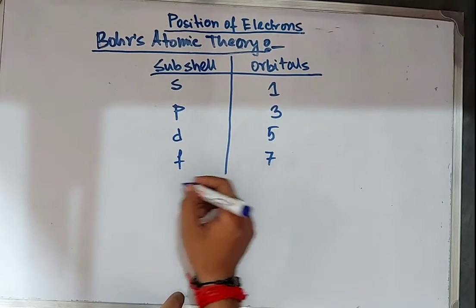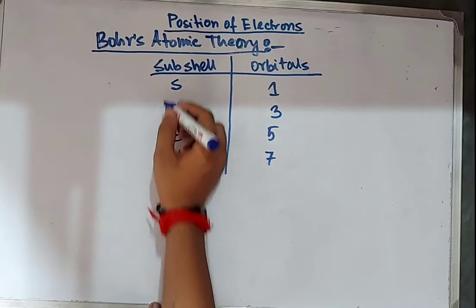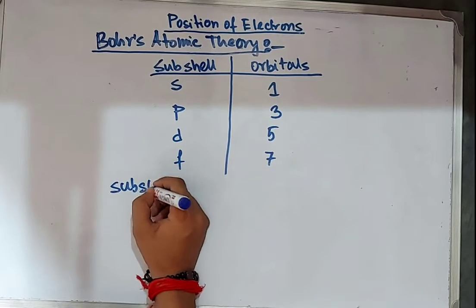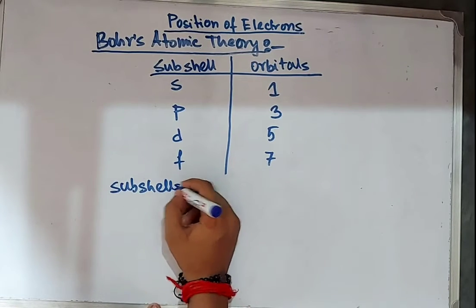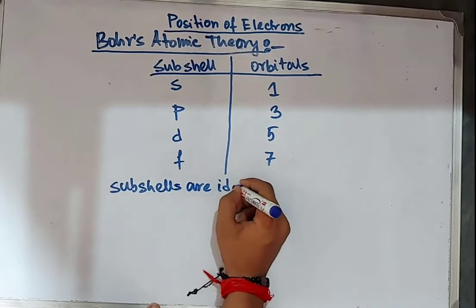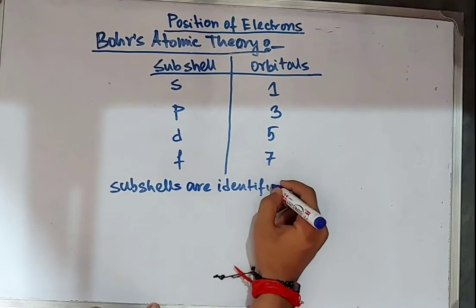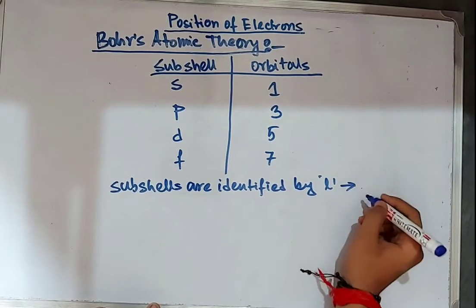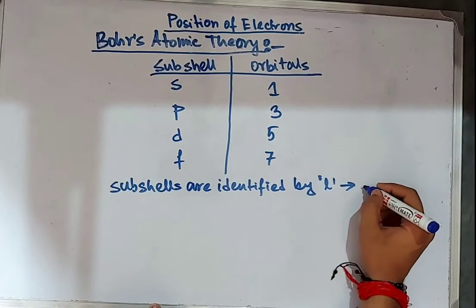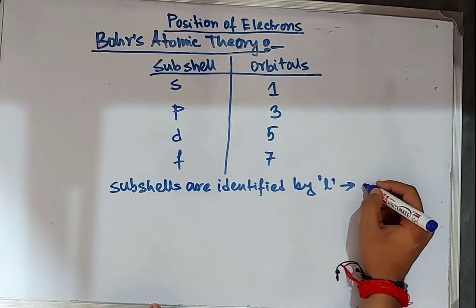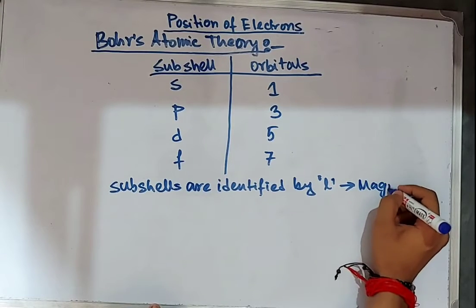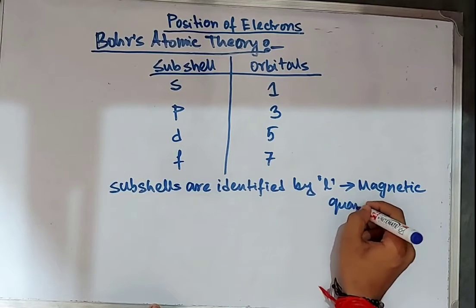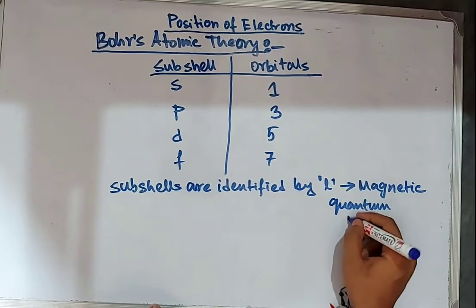There is a formula. The subshells are identified by L, which is the azimuthal quantum number.